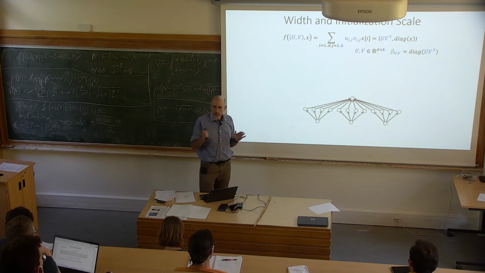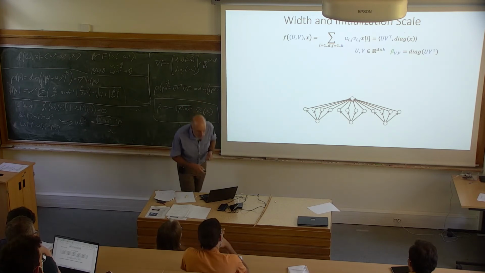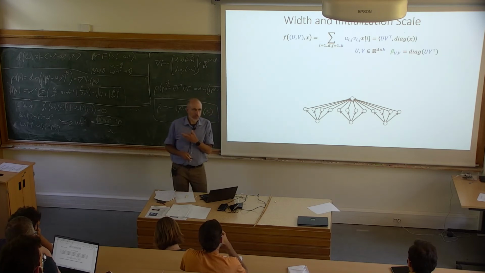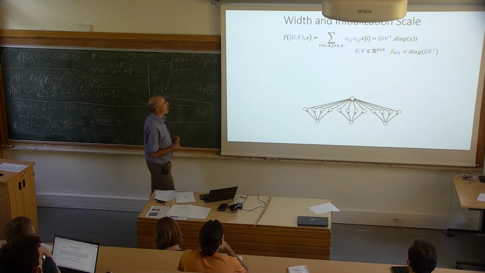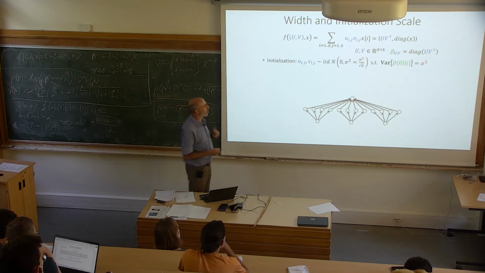Is this model clear? So what happens in this model? We could actually go through all the analysis. I'm not going to go through all of it, although if you want, you can do it as an exercise.